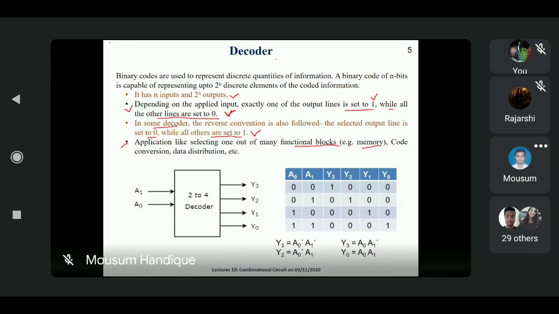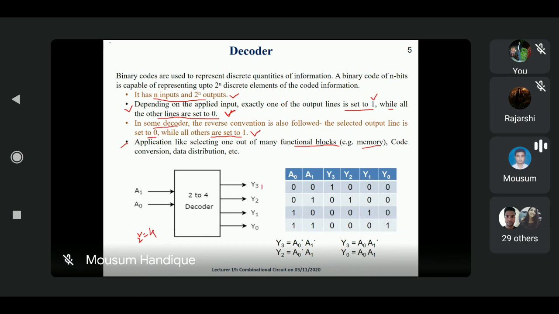Okay, see here. Here I am using a 2 to 4 decoder. That means it has n inputs and 2 to the power n outputs. Input is n, and 2 to the power n means, here we are using only 2 lines, 2 to the power 2 means 4. So 4 outputs are generated.